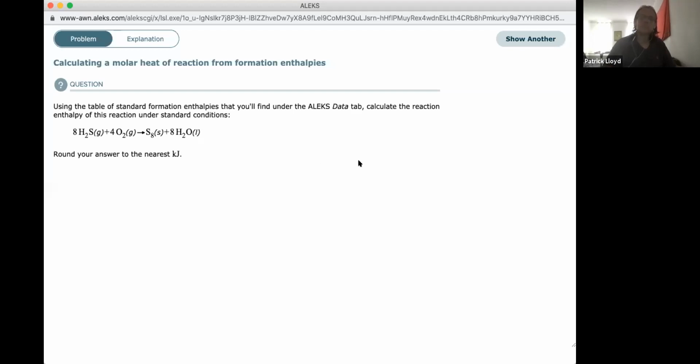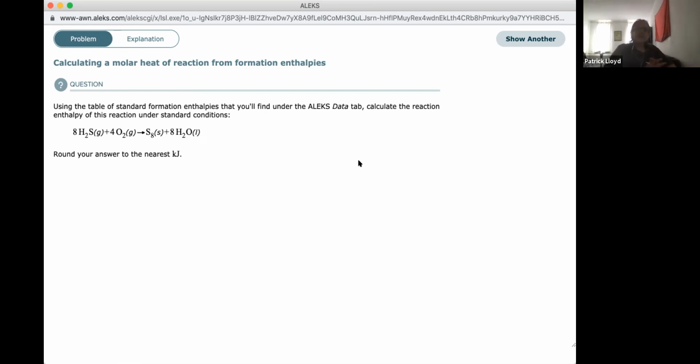Okay, let me bring up this problem. Here we go. Okay, so calculating a molar heat of reaction from formation enthalpies, right? So you're using the formation enthalpies, the delta H of formation under standard conditions, and you're using those values to find the heat of reaction.